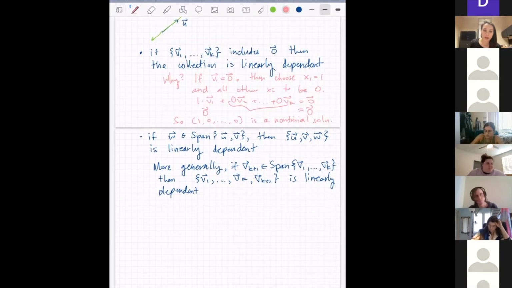Another way of thinking about this is the same idea, but put a different way.